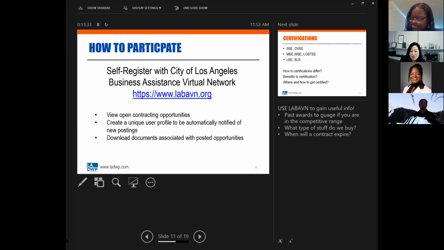Now, I will give you a secret tip since you guys are here. You can also see what was awarded in the past. If you offer the same type of service or same type of goods, you can see who got awarded it last time, how much it cost, or what price point they're at. This could be really beneficial to you the next time that item is bid.